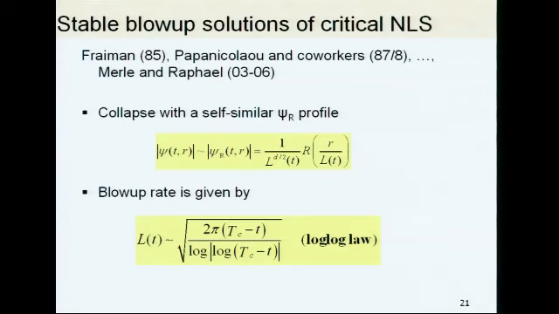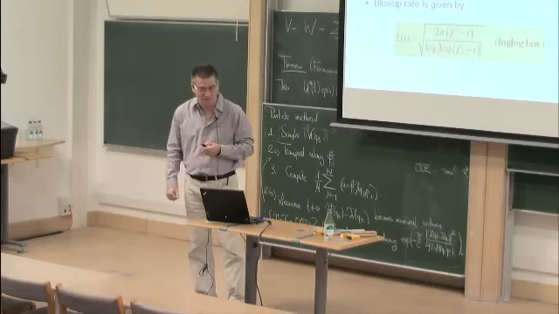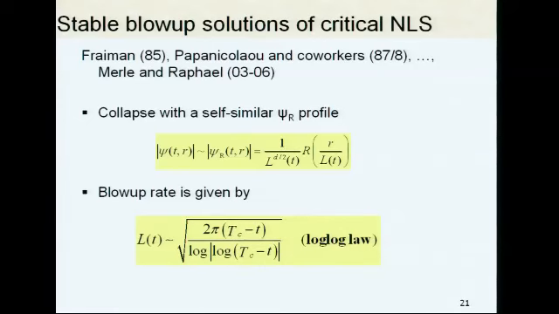So how do the stable blow-up solutions of the NLS look? This was a problem that attracted a lot of attention during the 80s. Eventually, Fraiman and independently Papanicolaou and co-workers showed that if you blow up in a stable way, you blow up with a self-similar R profile.